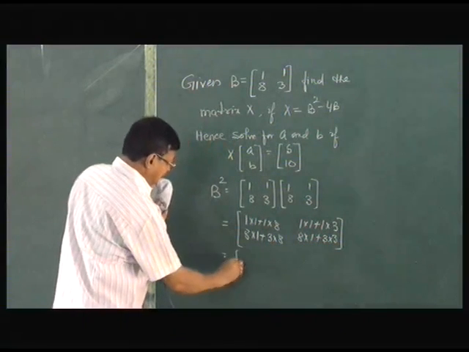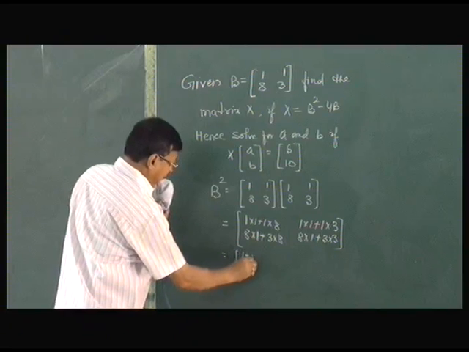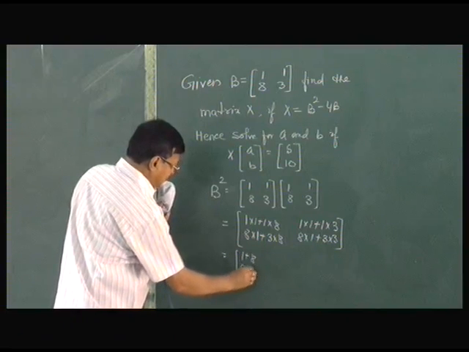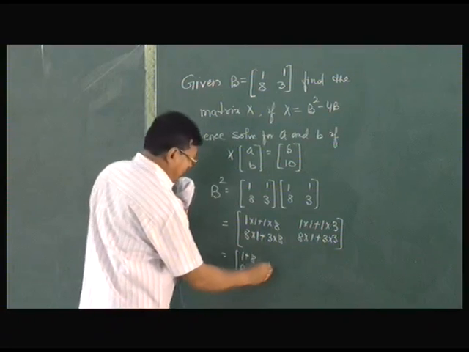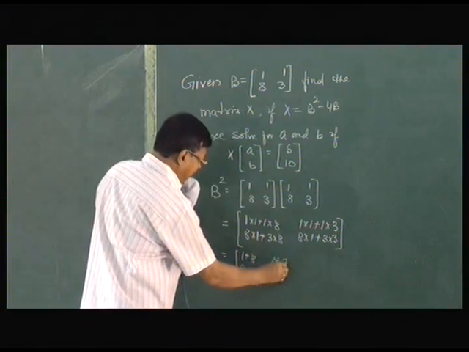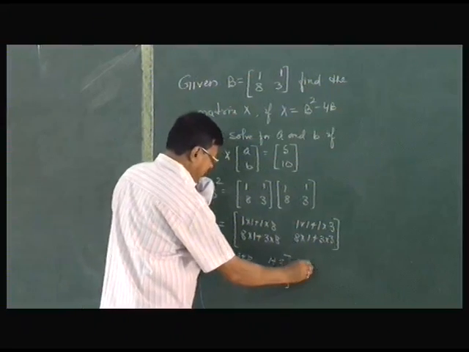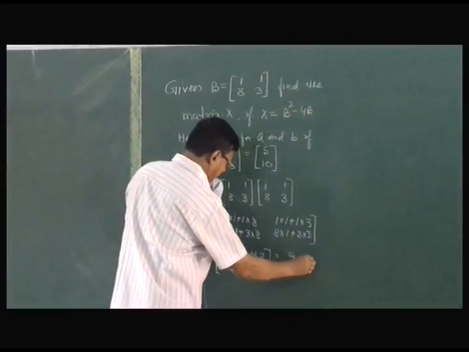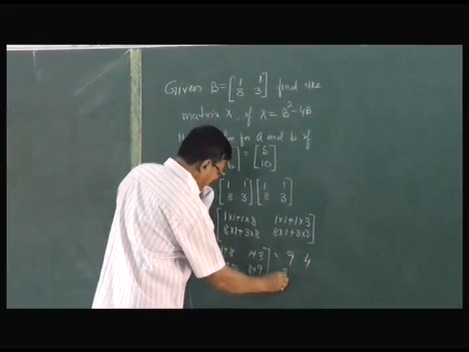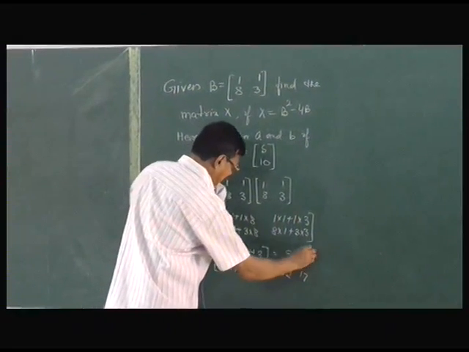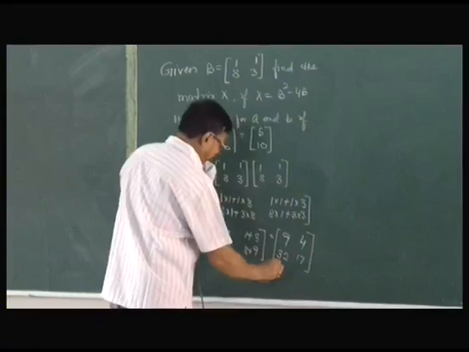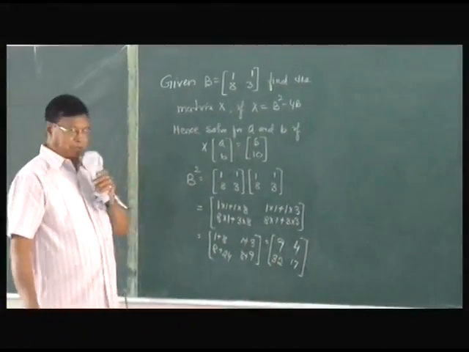So this is 1 plus 8, 8 plus 24, 1 plus 3, 8 plus 9. So this is 9, 4, 32, 17. So that's B square.